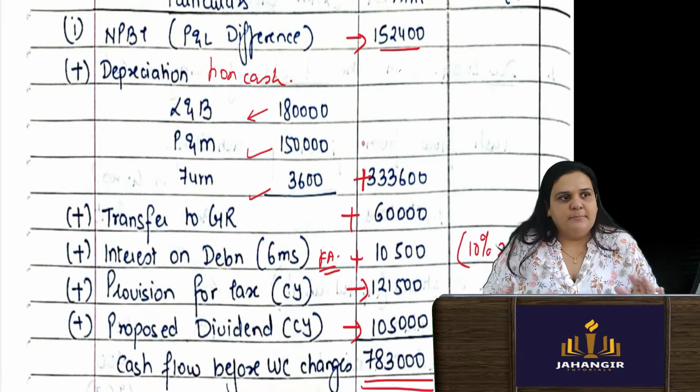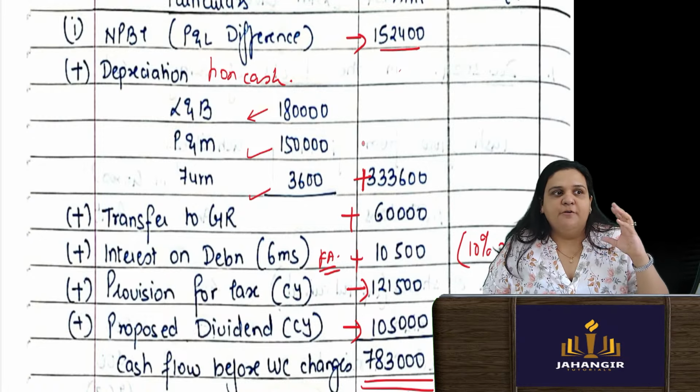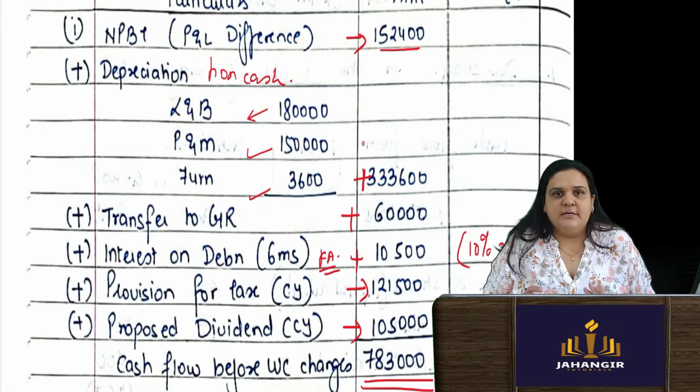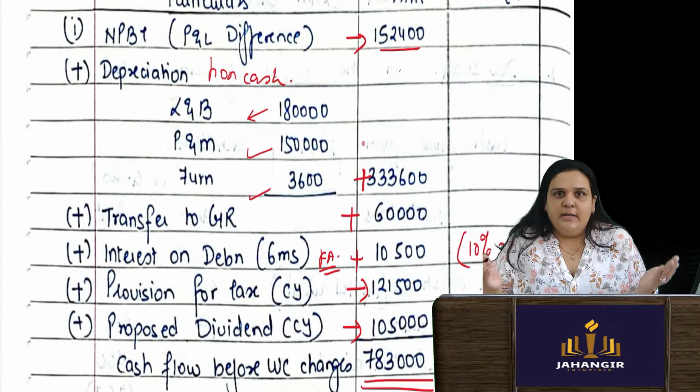Depreciation, non-cash expenses, I'll have to add back, because I'm doing a reverse treatment. No, this is net profit before tax. I did the P&L difference and took it here. Now I have to do the adjustments of financial activities, investment activities, any provisions, transfers, depreciation, everything I'll have to do here. So depreciation I will add back, non-cash related.